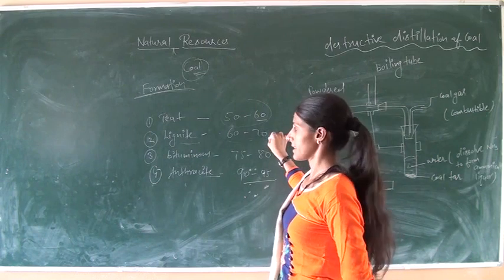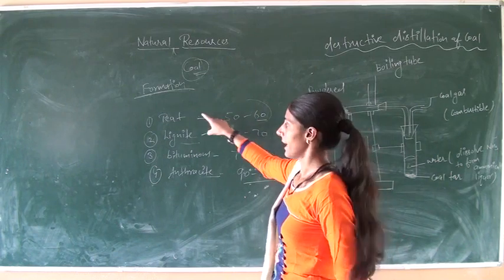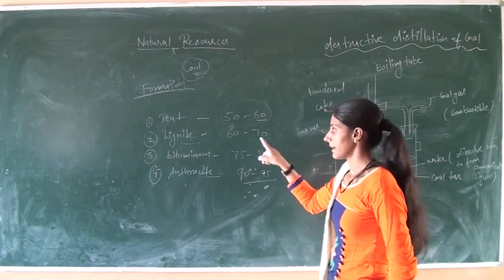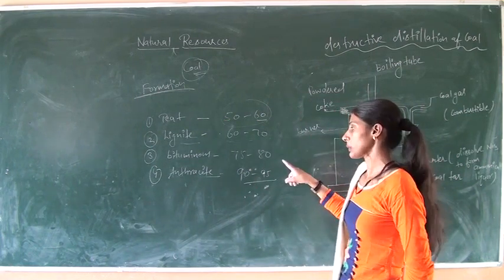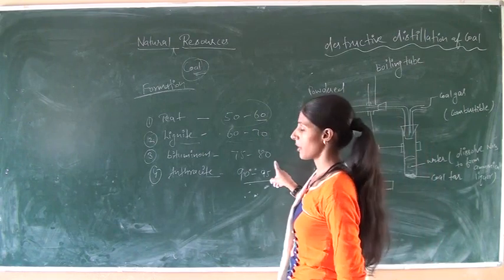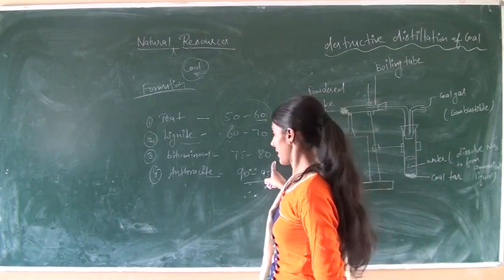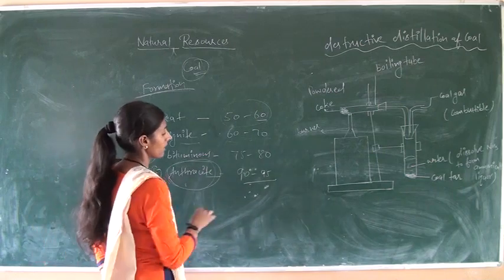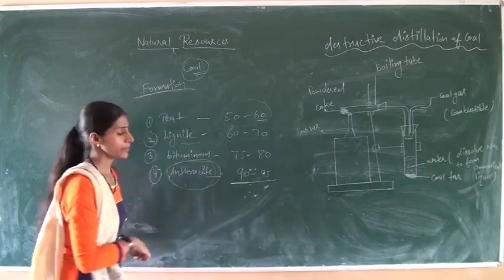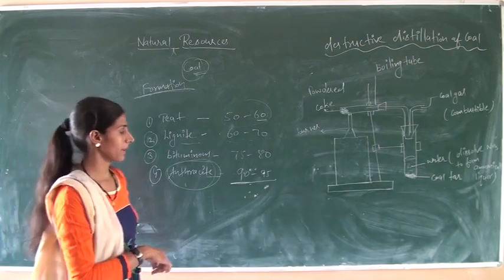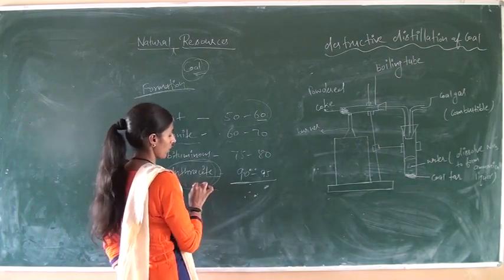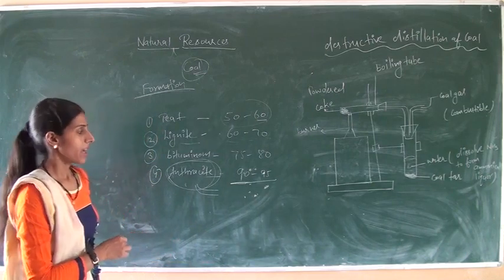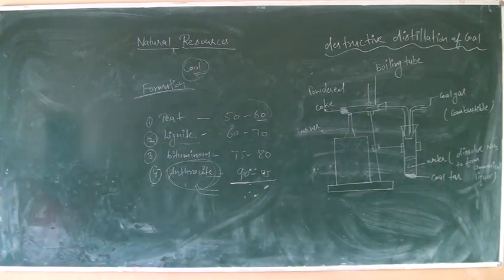So lignite is better than peat, and bituminous is better than lignite because it contains a larger amount of carbon, and anthracite is the best form of coal, containing 90 to 95% carbon, and it is very useful in human life because it gives a very high calorific value.